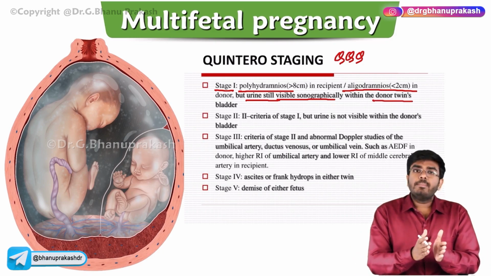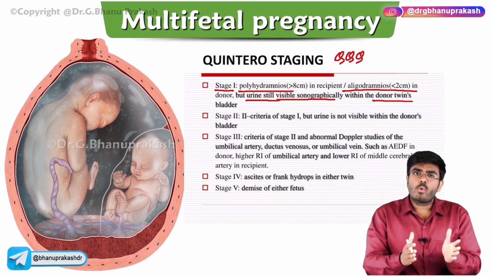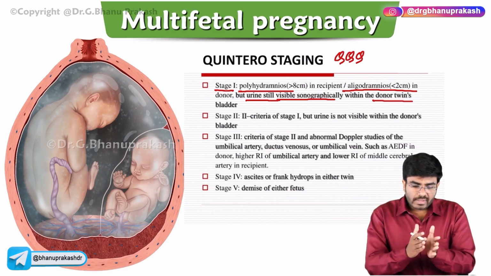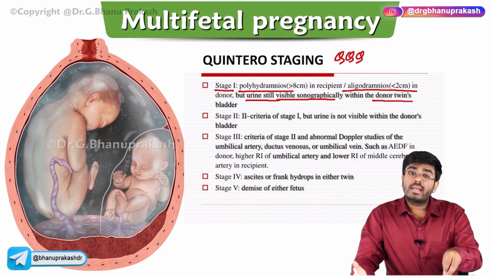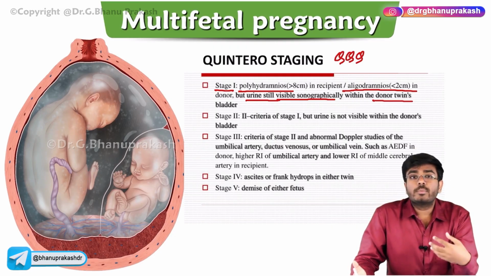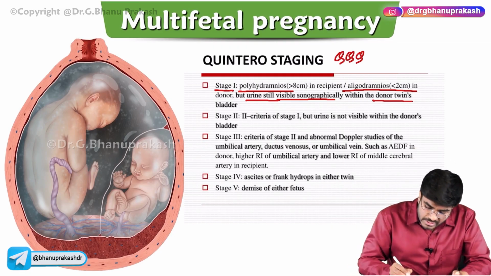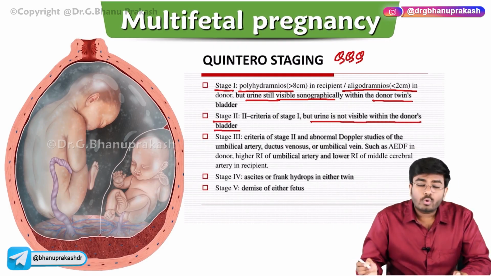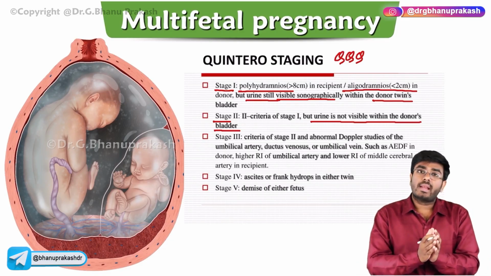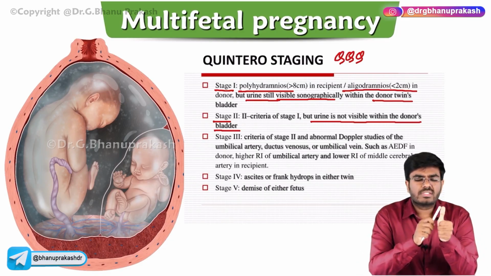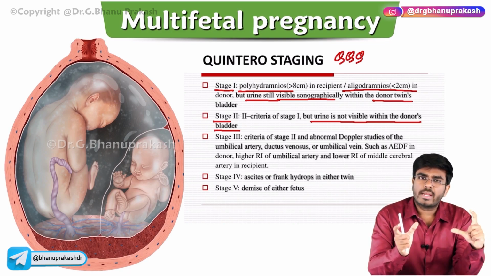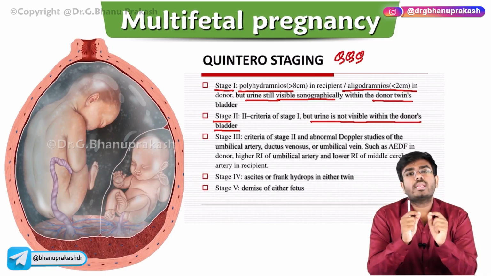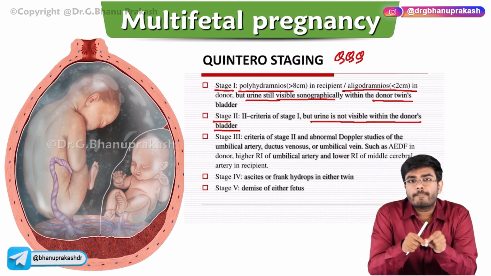As time passes, this condition is going to become more severe. In the donor twin, when the staging increases, the urine in the urinary bladder is not going to be seen on the ultrasonography. So that's what happens in stage 2. In stage 2, urine is not visible in the donor's urinary bladder. In the first stage, it's a milder problem: one baby with polyhydramnios, the other with oligohydramnios, and you can still see the urine in the urinary bladder of the donor twin.